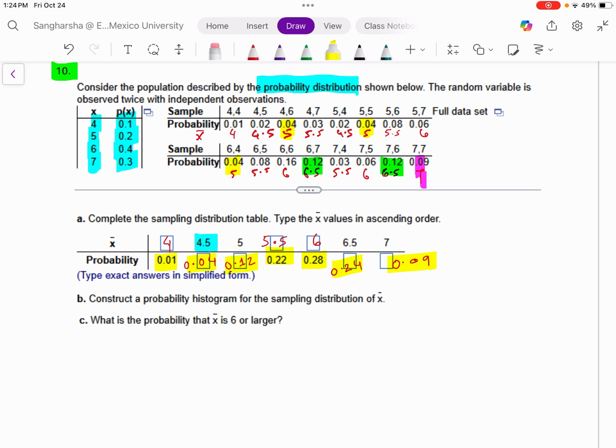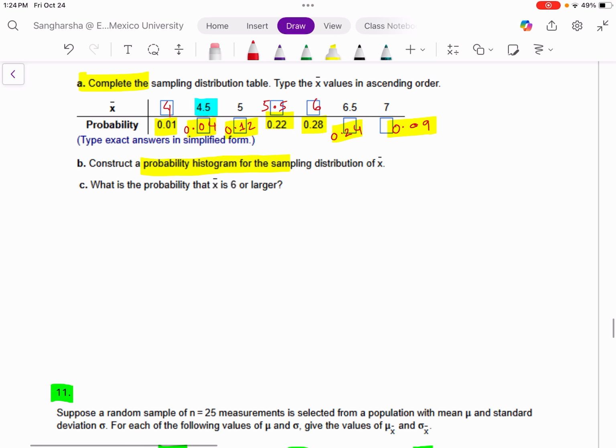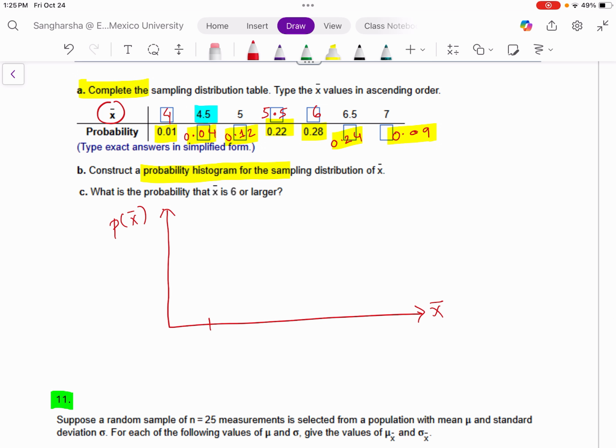Next we have to construct a probability histogram for this table. So we need a horizontal line, which is our x bar, and this is our probability of x bar. So our x bar is 4, so this is 4, 4.5, 5, 5.5, then 6, 6.5, 7.